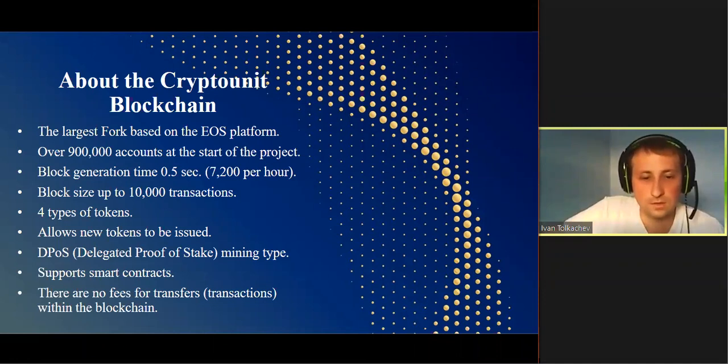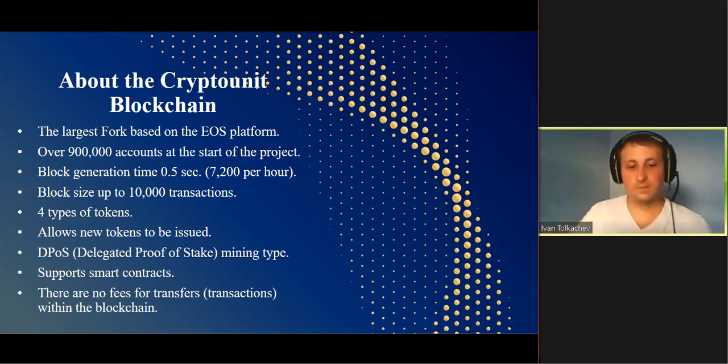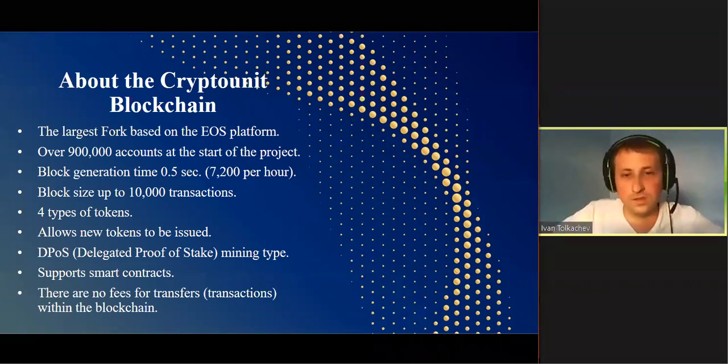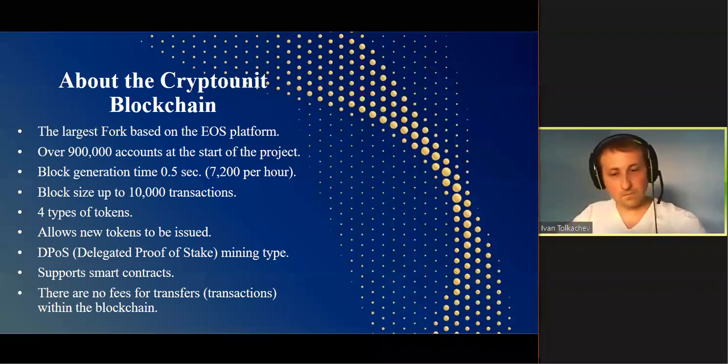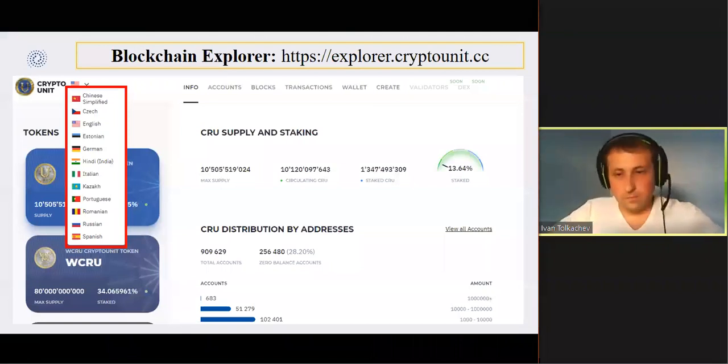The Cryptounit blockchain, since its predecessor EOS provides for smart contracts, supports smart contracts as well. And most importantly, there are no fees for transactions within the Cryptounit blockchain. There is no fee charged. It's very important to remember.